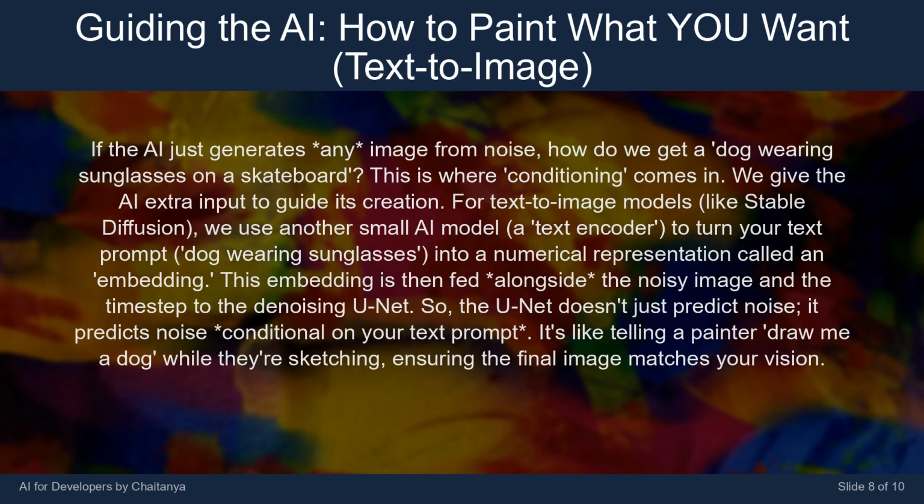This embedding is then fed alongside the noisy image and the time step to the denoising U-net. So, the U-net doesn't just predict noise. It predicts noise conditional on your text prompt. It's like telling a painter, "Draw me a dog," while they're sketching, ensuring the final image matches your vision.